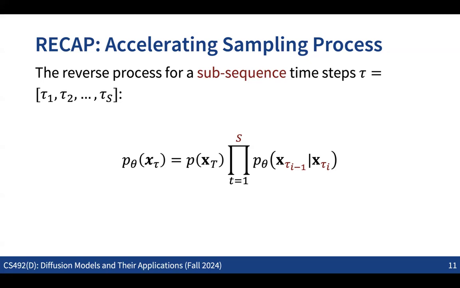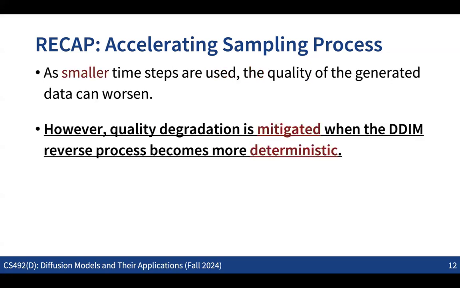One way to boost up the computation is to skip some of the time steps, having a time interval, reducing the number of time steps in the reverse process. But as we decrease the number of steps, we get results which are not exactly following the data distribution that we learned. The output is slightly deviated from the original data distribution, giving slightly lower quality outputs.